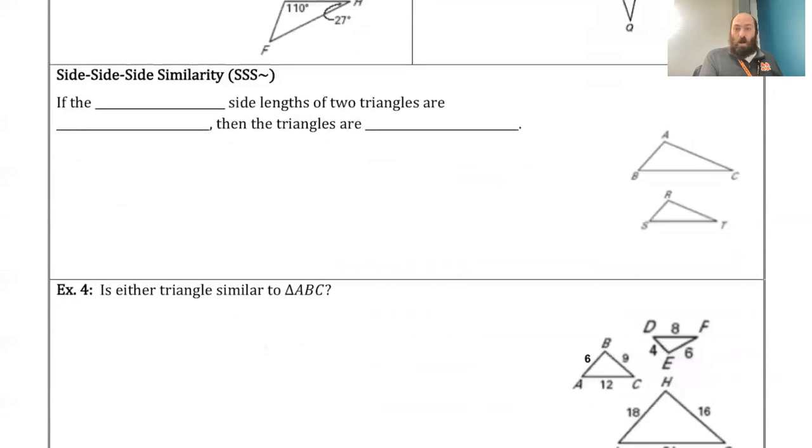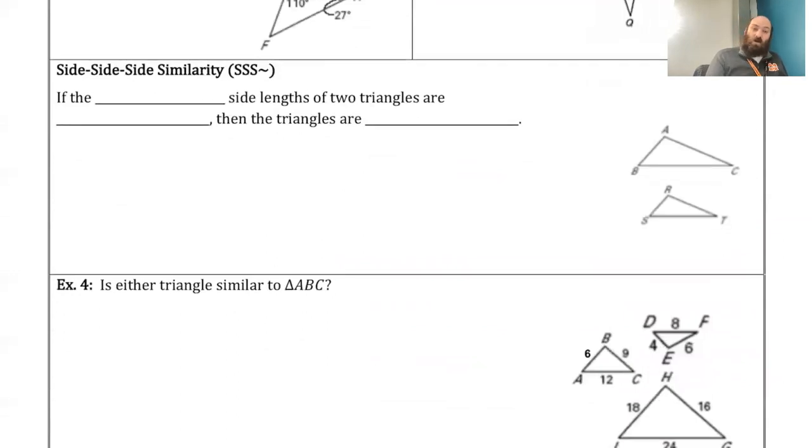Our second way of proving triangles are similar is what's called side-side-side similarity. If the 3 pairs of side lengths of 2 triangles are proportional, then the triangles are similar.